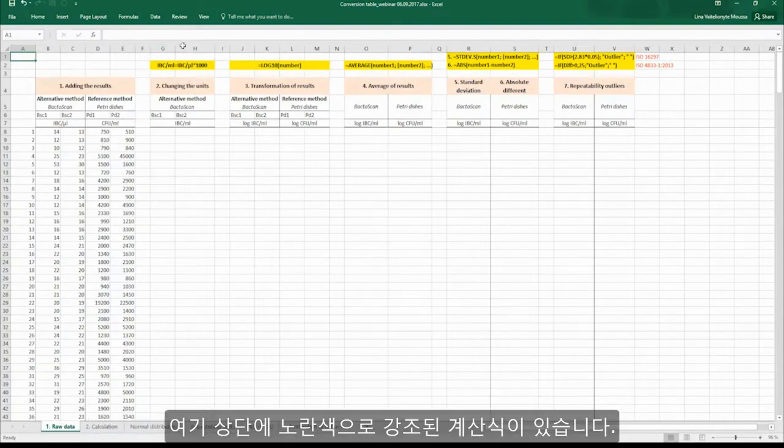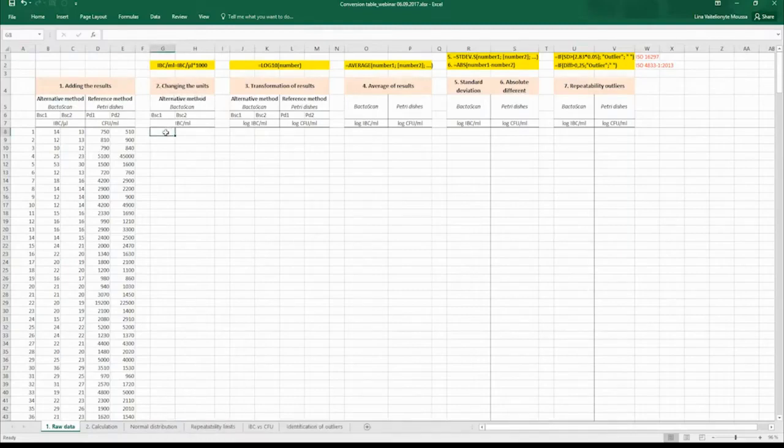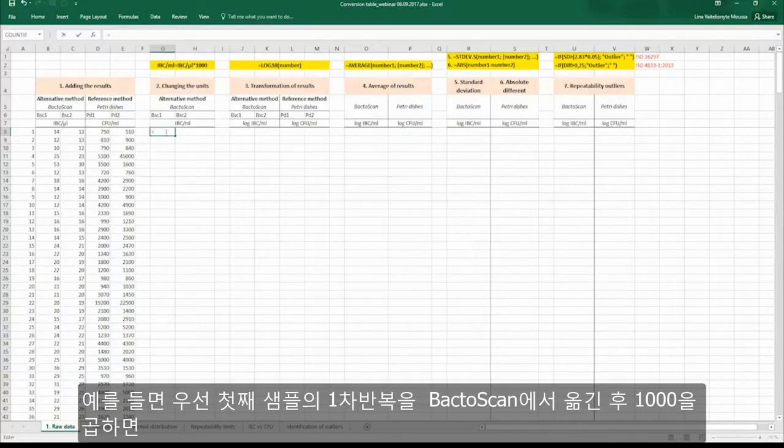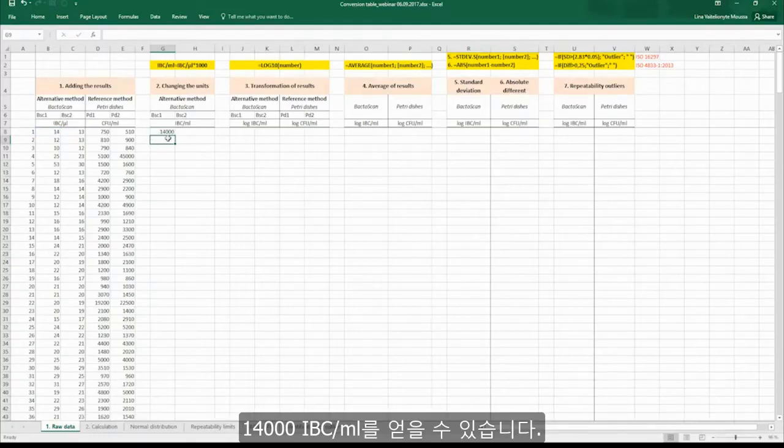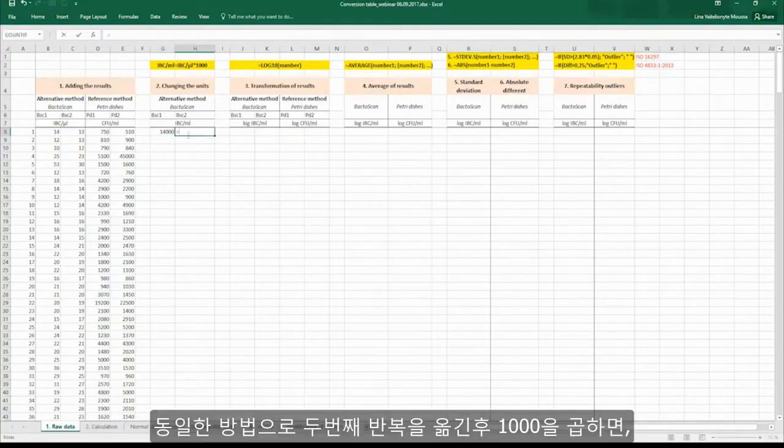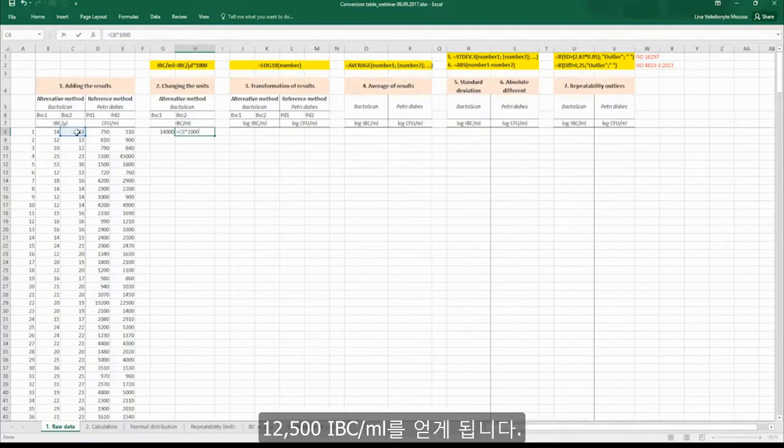Here on the top, you can see the highlighted formula for how to do the calculations. If we take, for example, the first sample from BactoScan and the first replicate, and multiply it by 1000, we will get 14,000 IBC per milliliter. We do the same with the second replicate of the first sample, multiplying by 1000, and you get 12,500 IBC per milliliter.